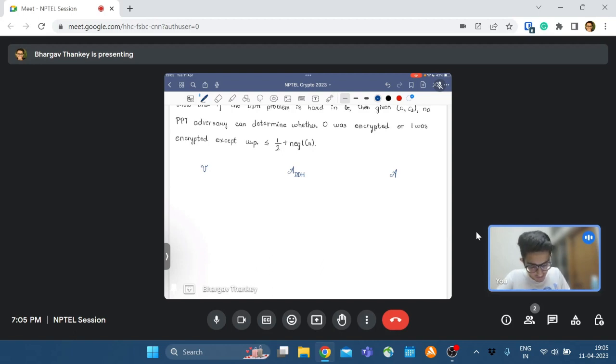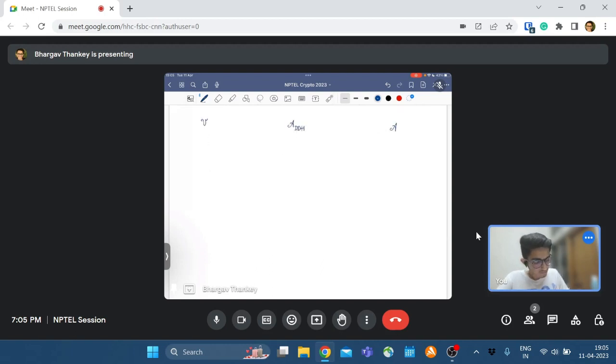So what happens in the DDH problem? The verifier picks alpha and beta uniformly at random from Zq.